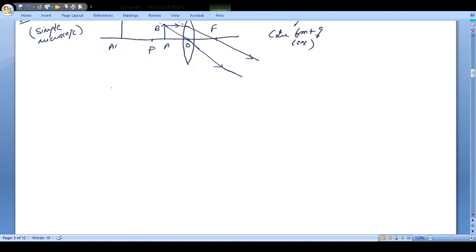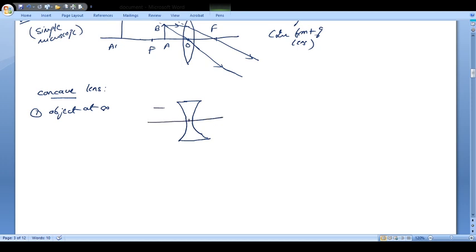Now let's see ray diagrams for concave lens. In concave lens we will not have many things, right? First case, object at infinity. So let's see when the object is at infinity. So this is the concave lens now. This is the optical center. So here when the object is at infinity, this is what you will have the figure.